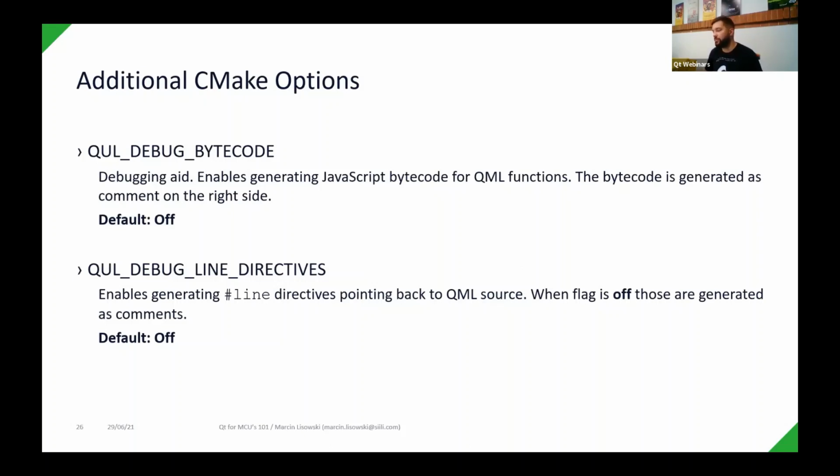So if you are then debugging your application, your debugger will be redirected to the QML files instead of the C++ files, to see where you are exactly in your UI code. By default, it is disabled, and the line directives are generated as comments. So still, if you are not using it, you can review and point back manually to some QML lines.